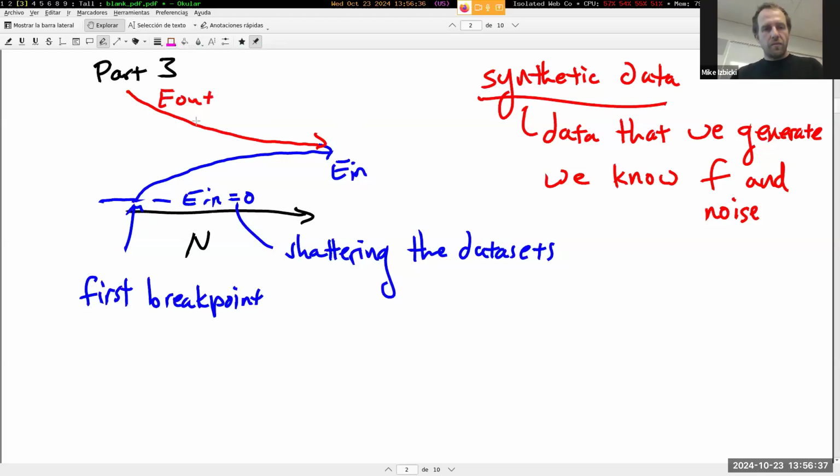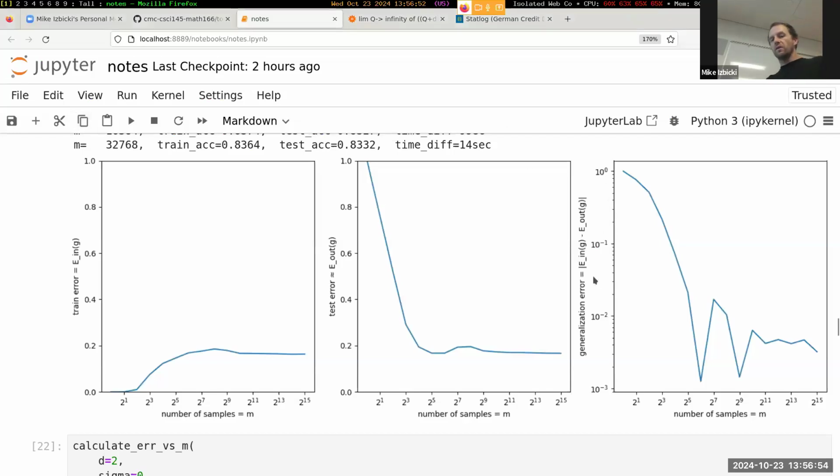The difference between E_out and E_in, again, is the generalization error. In the plots over here, the generalization error is always going to be on a log-log plot. So you'll have to be careful as you look at the plots that the training error and testing error on the y-axis are not log plots.